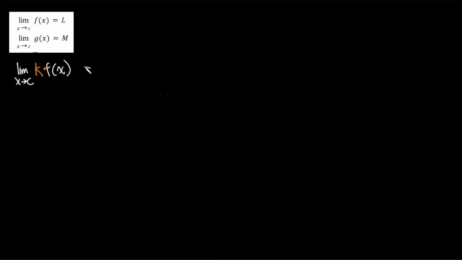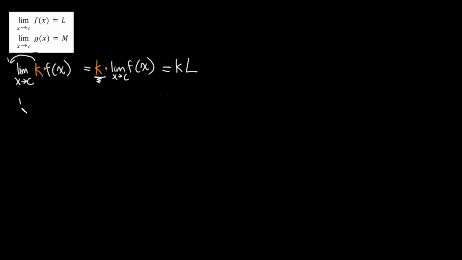Then we can rewrite this as k times the limit as x goes to c of f of x. So what I did there was I pulled the constant out, and therefore if a function is being multiplied or divided by a constant or some number, then you can pull out the number. And so in this case, we can rewrite this as k, and the limit is L.